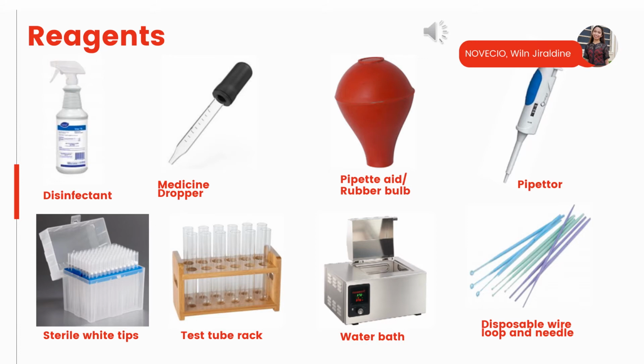We have disinfectant or quaternary ammonium compounds, medicine droppers, pipette aid or rubber bulb, pipettor, sterile white tips with 5 ml capacity, sterile water, agar, 2% Vaspar, test tube rack, water bath, wire loop, and wire needle.